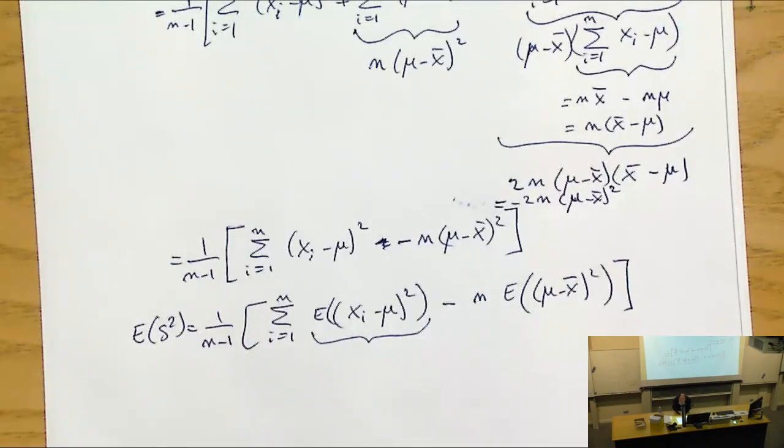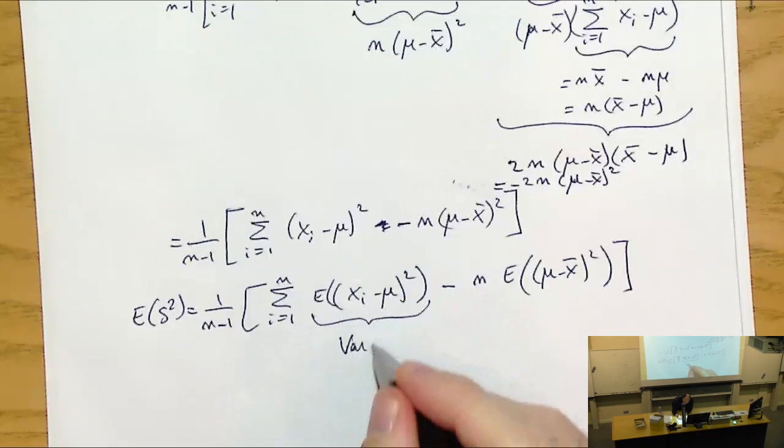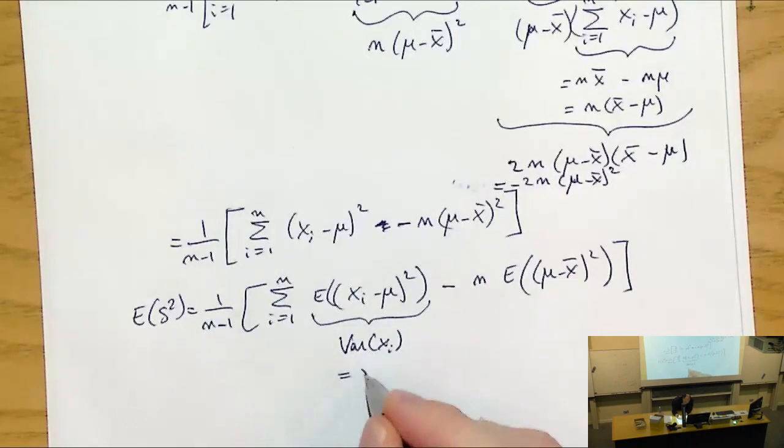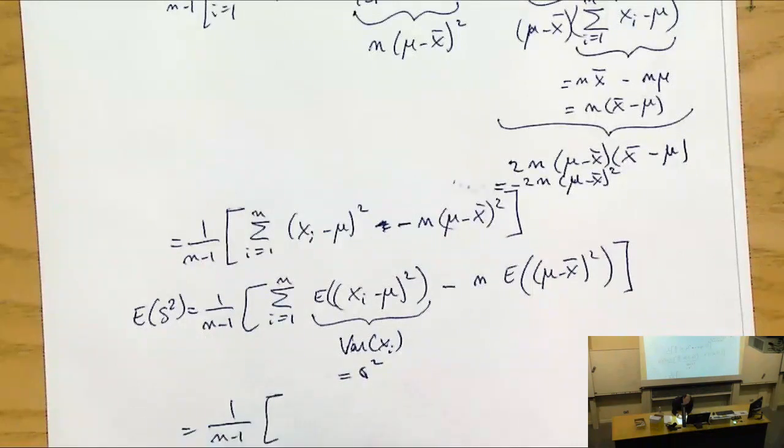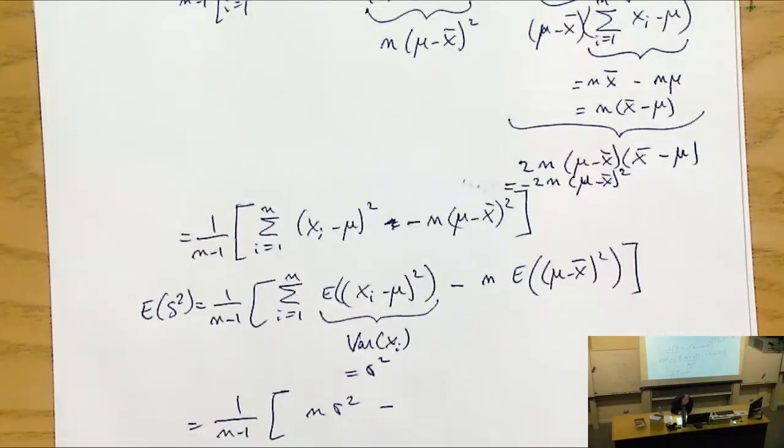I have xi, mu is the mean of xi, so this is the variance of xi. And the variance of xi is sigma square. So I have 1 over n minus 1, n sigma square minus... What do I have here?